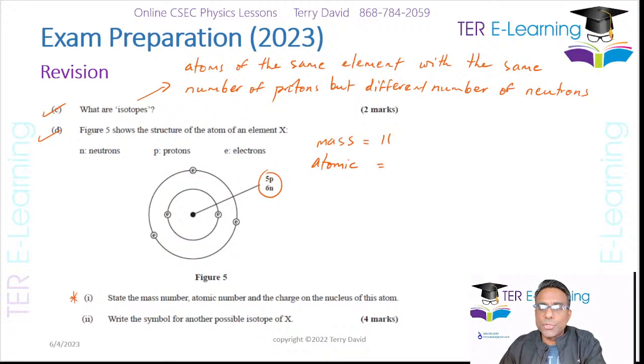Let's see if that's true. You always go to what's inside the nucleus. So you have 5 protons inside here, so the atomic number has to be 5. It has to be 5.